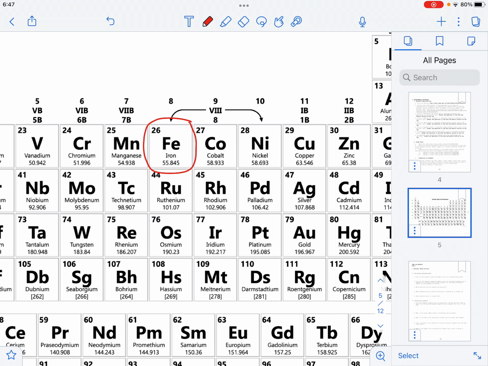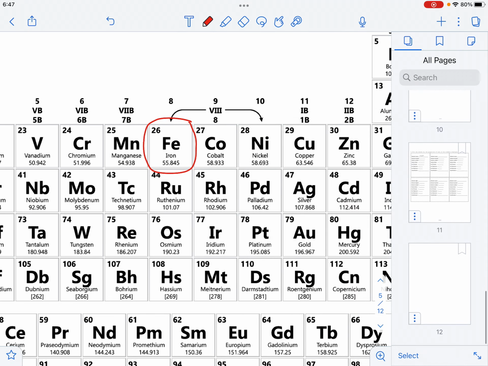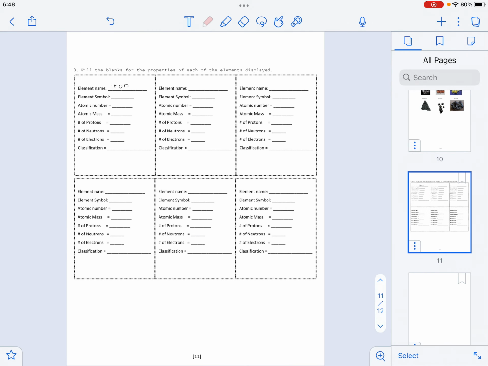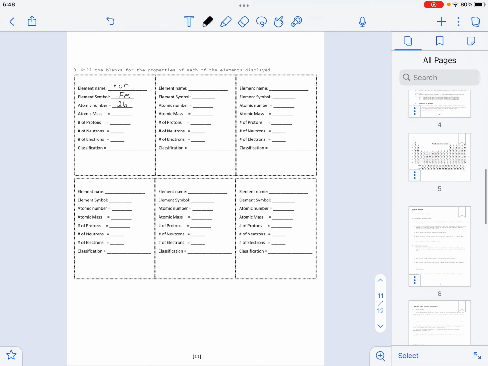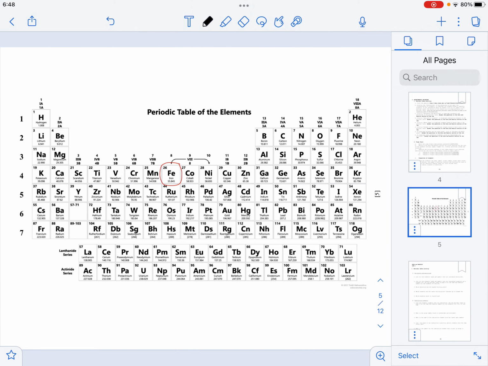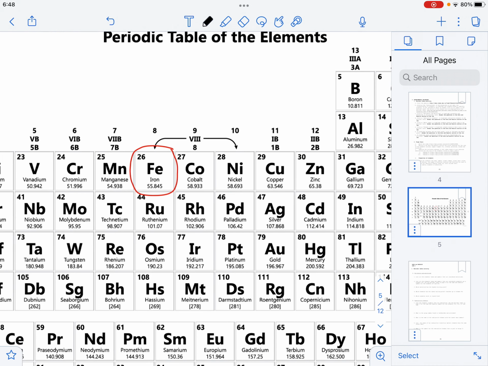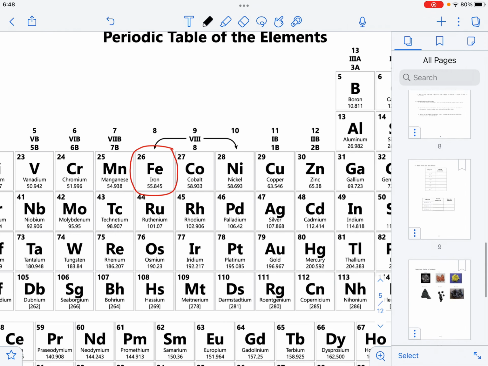So I go back to the table that I have. The element iron, the symbol is Fe. The atomic number is 26. And the atomic mass, let me just review to enter the number correctly, is going to be 55.85, because when I round, that's going to be the atomic mass that I need to report.